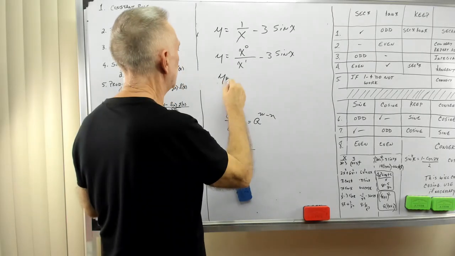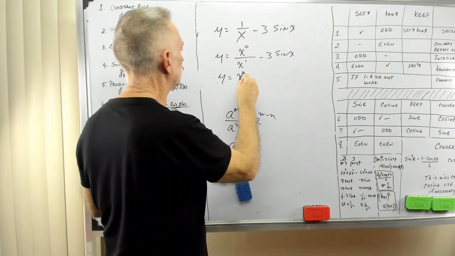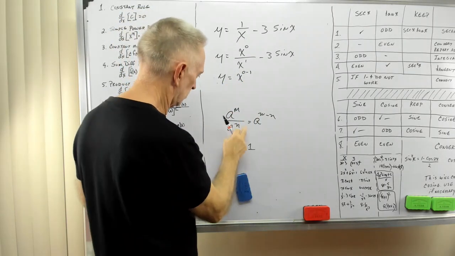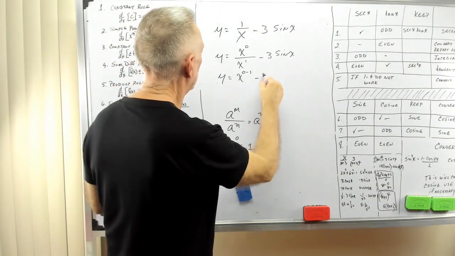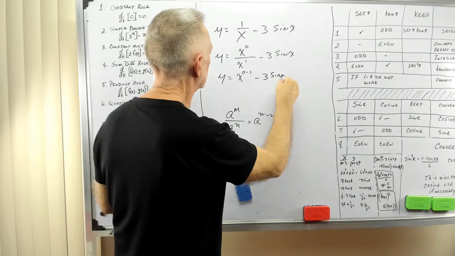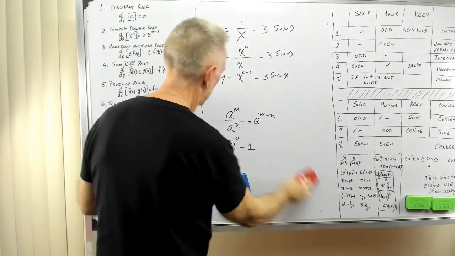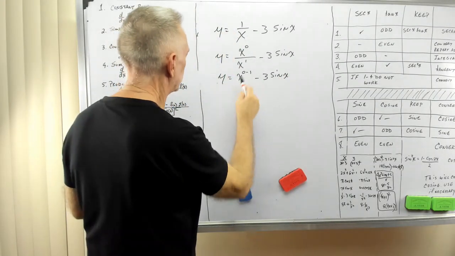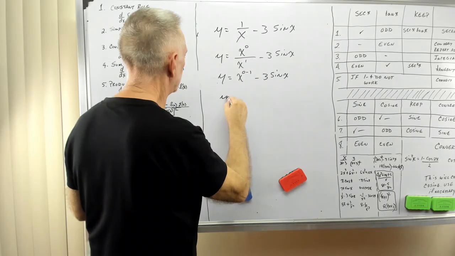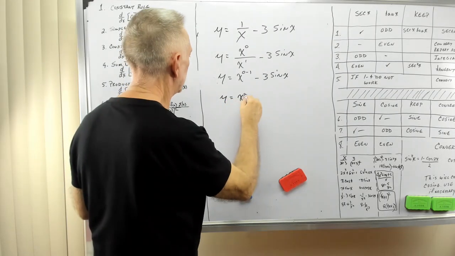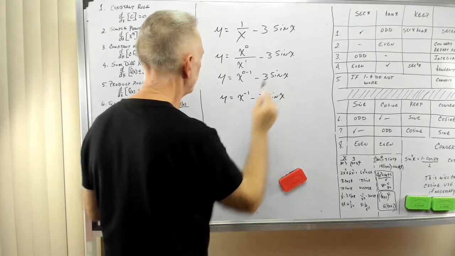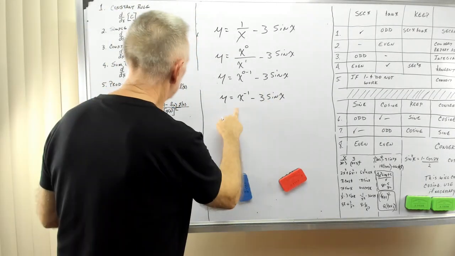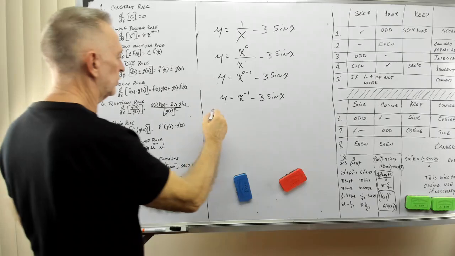So what does that mean? Y equals x to the 0 minus 1. I have that situation right there. Minus 3 sine x. Okay. So x to the 0 minus 1 means I have y equals x to the negative 1 minus 3 sine x. All right, let's use the simple power rule here. I'm going to take the derivative.